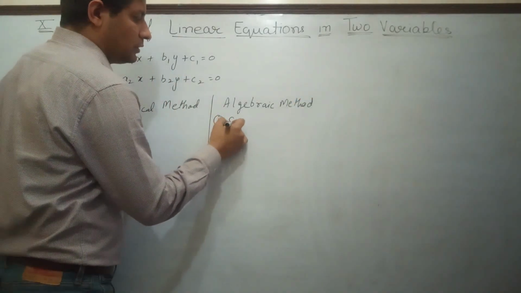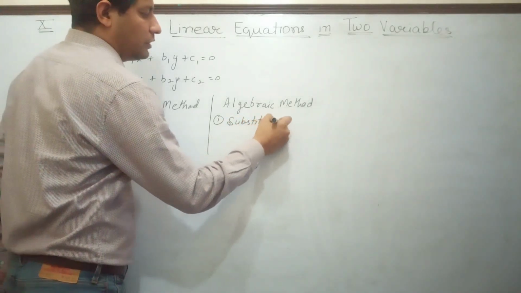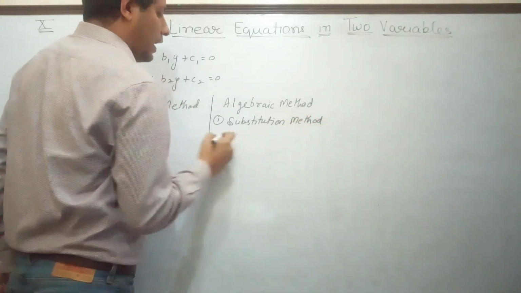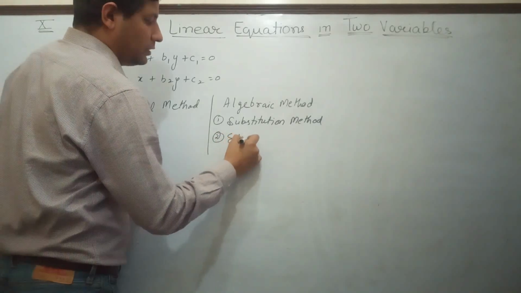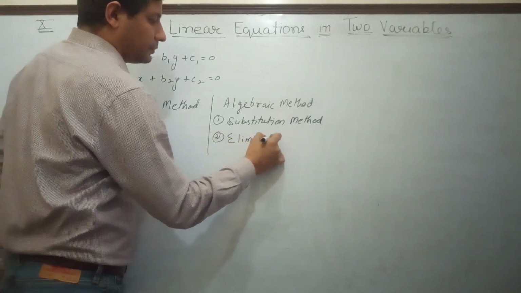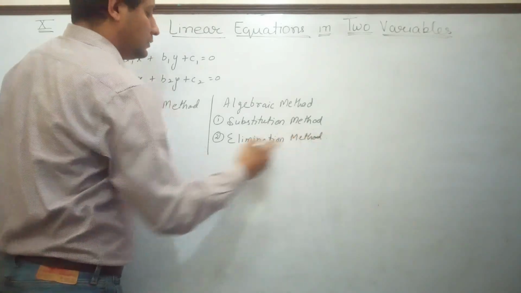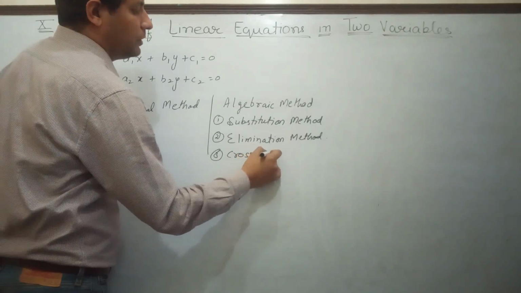One is substitution method. Second one is elimination method. And third one is cross multiplication method.